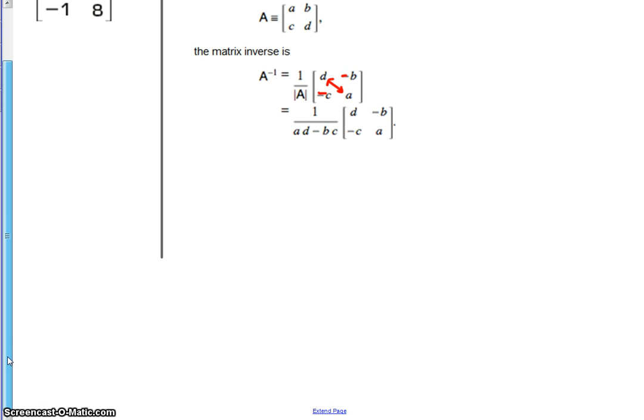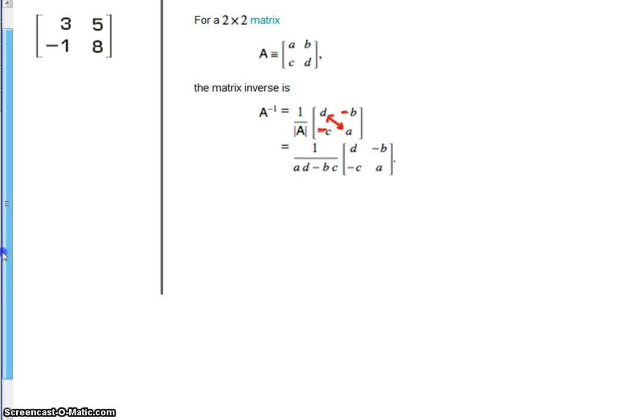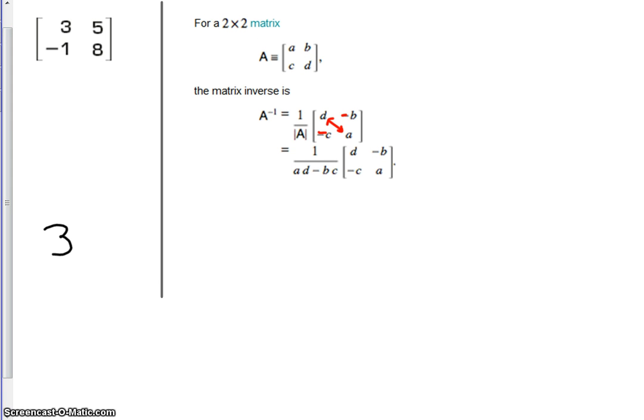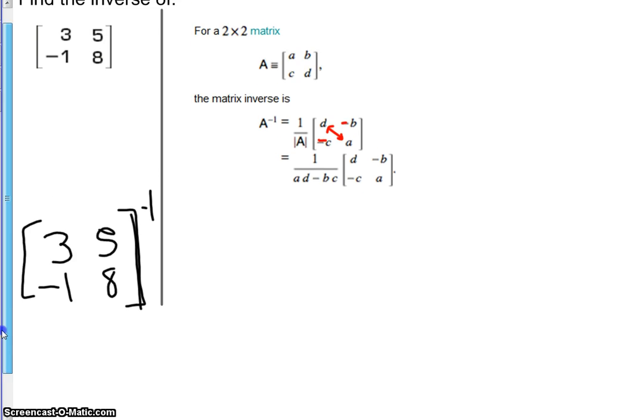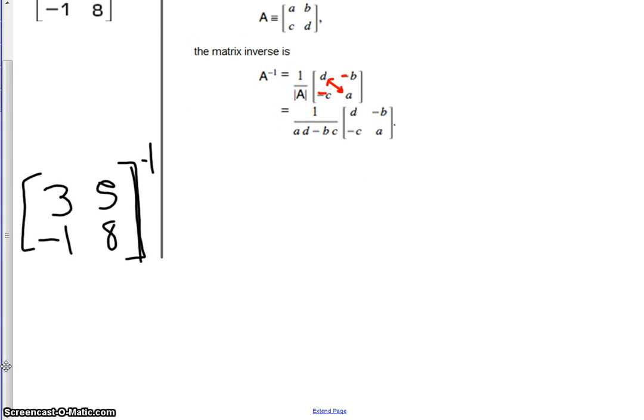All right, here's our problem. We had, and I've got to look here at what our problem is, 3, 5, -1, and 8. And we were asked to find the inverse of this. A lot of times this is the way they say find the inverse, with that little -1. Well, I first have to find the determinant. If you remember, those little absolute value marks are how we say we're finding the determinant.